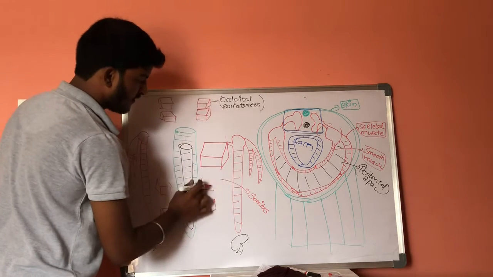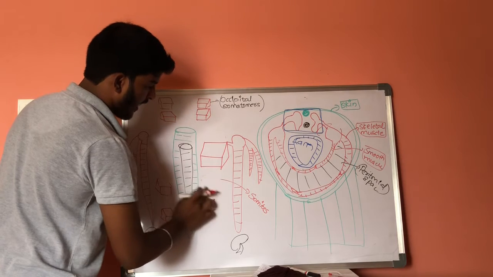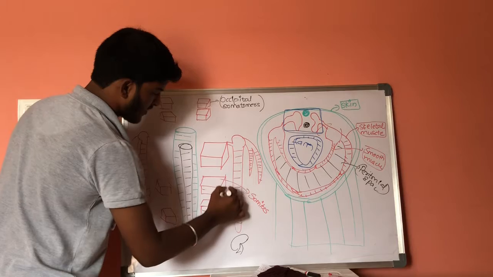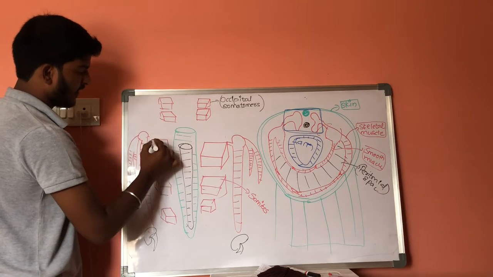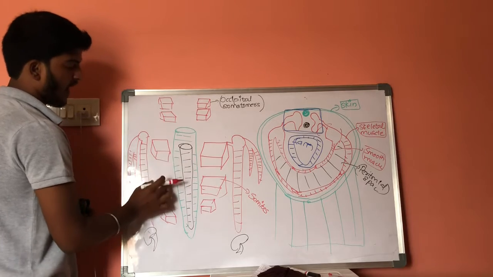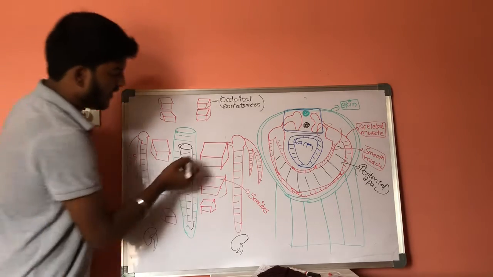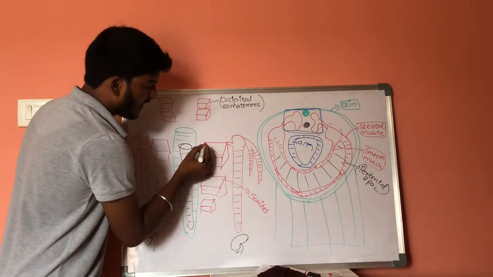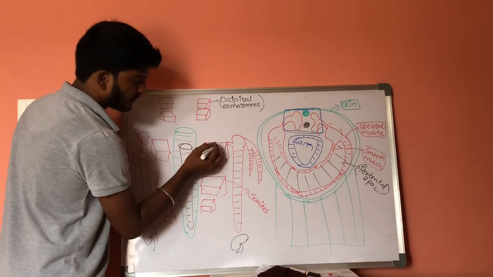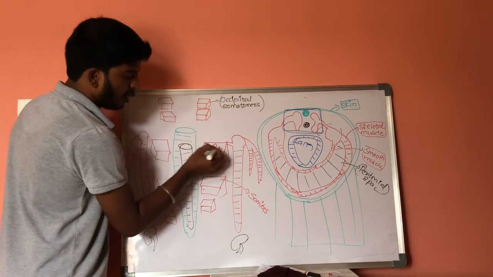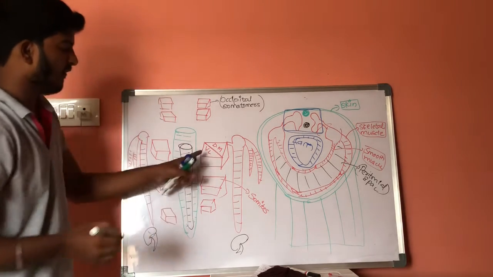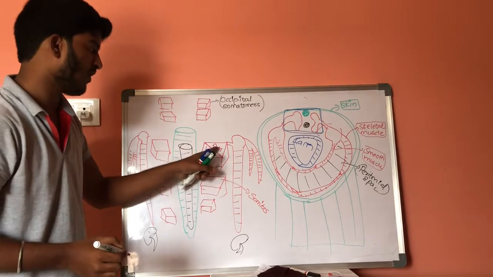Let us consider this is one somite, and this is another somite, and here is one somite and another somite. Now these somites are internally divided into two divisions: one is the dorsomedial region and one is the ventrolateral region.